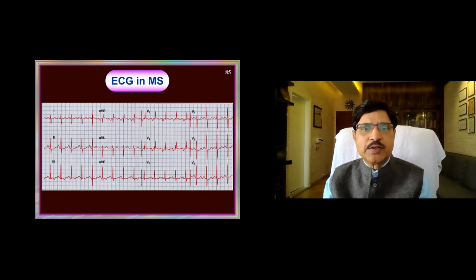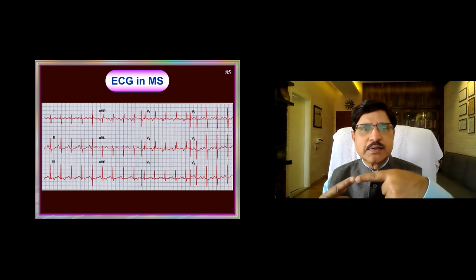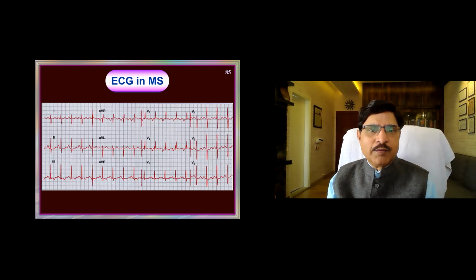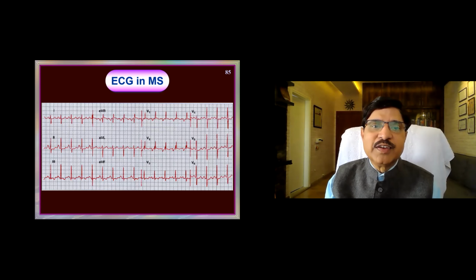V6 S wave is very deep, and lead 1 and lead 3 they are meeting each other. So right axis is there, right atrium is there, left atrium is there, right ventricle is there, left ventricle is not there. Such a condition is typical of mitral stenosis.